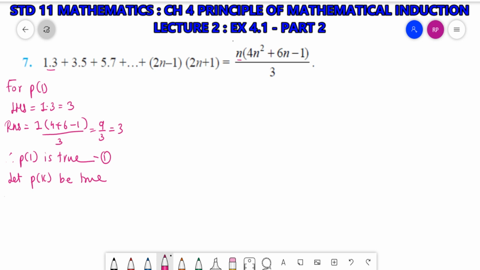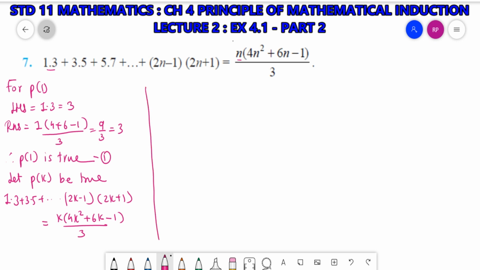For that, we will assume that 1 into 3 plus 3 into 5 up to 2k minus 1 into 2k plus 1, that is equal to k into 4k square plus 6k minus 1 by 3. So instead of n, I had put k. Let's name this as 2.